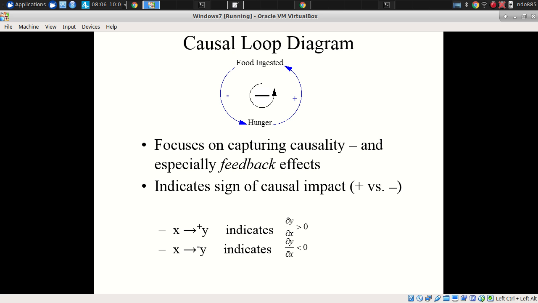It's not a DAG, not a directed acyclic graph, it's a full graph where we have vertices which represent concepts with a clear polarity. I emphasize that again. These concepts like hunger, food ingested, need to be something with a clear polarity associated. There's a notion of what it means to have more of it or less of it, okay?